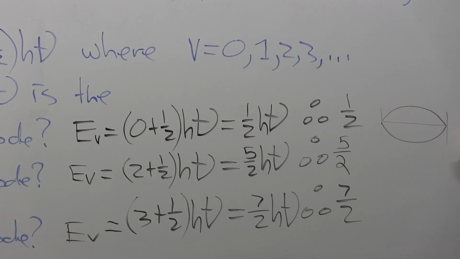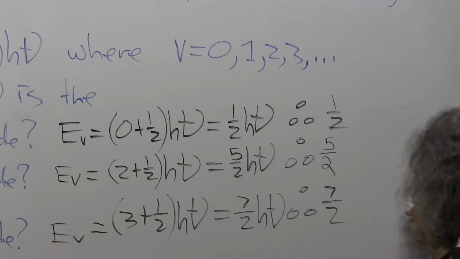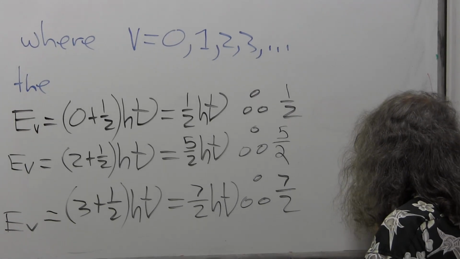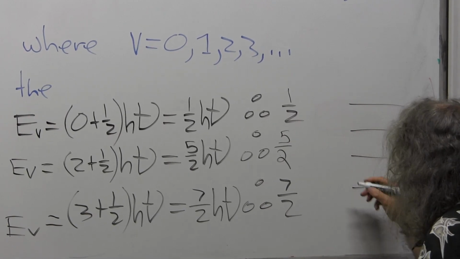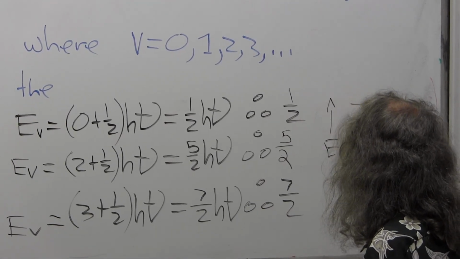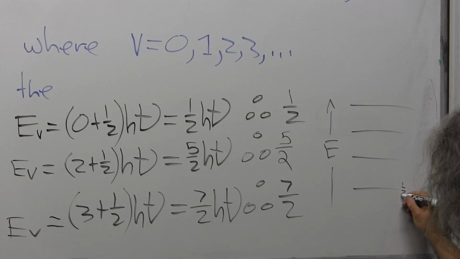But what we end up with is, for our harmonic oscillator, a series of lines. This is the energy for the harmonic oscillator, and this is 1/2.